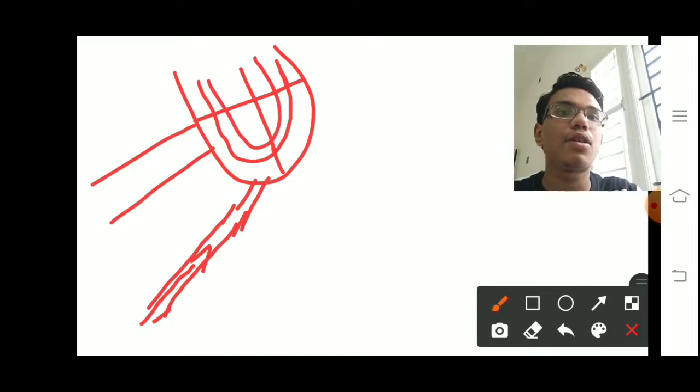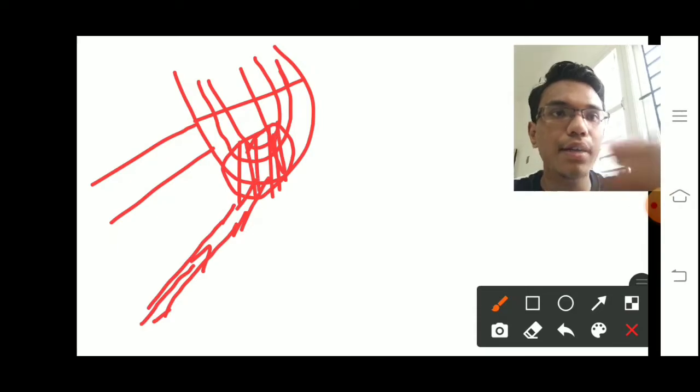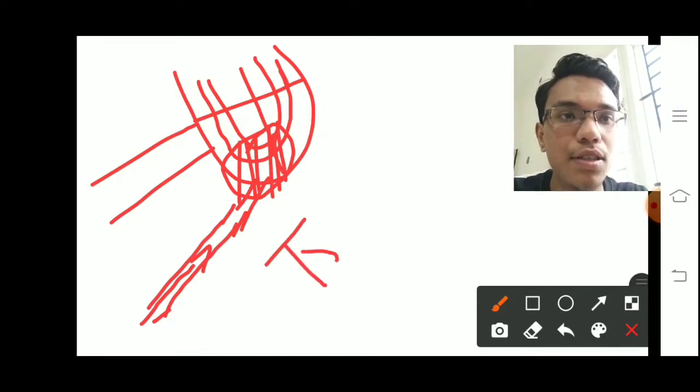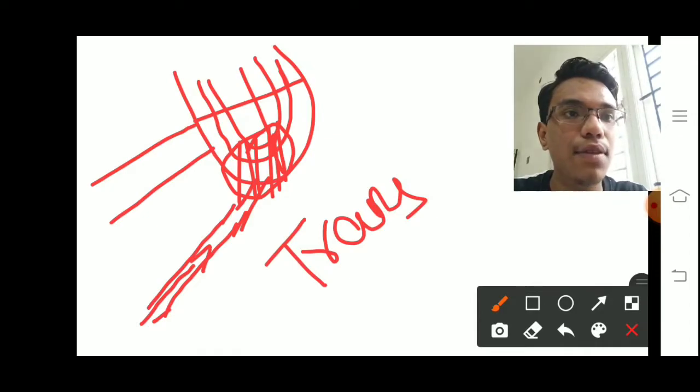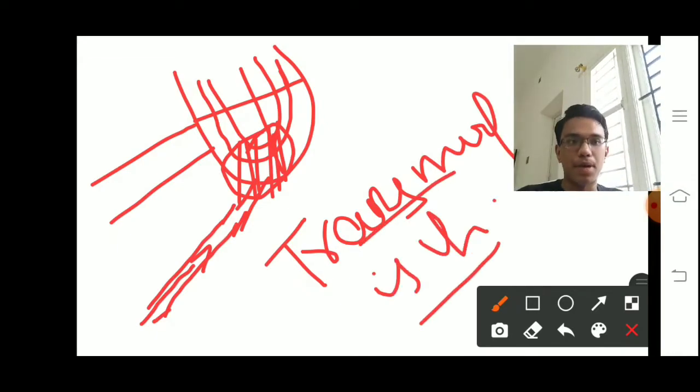All the 3 layers of the heart get compromised. So it's a case of transmural ischemia. It's not the subendocardial ischemia. Subendocardial ischemia you had seen in stable as well as unstable angina. Here it's transmural ischemia. All the 3 layers get compromised.